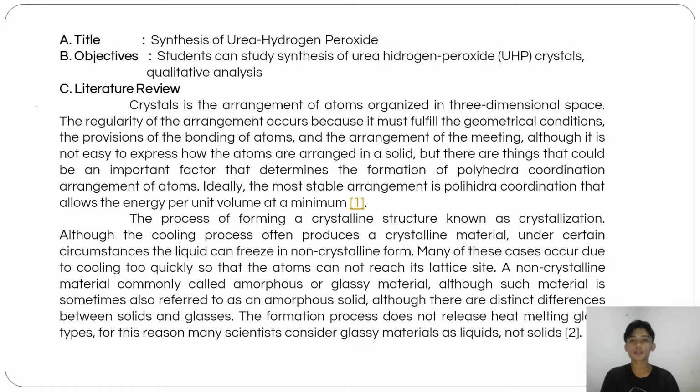The process of forming a crystalline structure is known as crystallization. Although the cooling process generally produces a crystalline material, under certain circumstances the liquid can freeze in non-crystalline form. Many of these cases are due to cooling too quickly, so that the atoms cannot arrange their lattice sites.